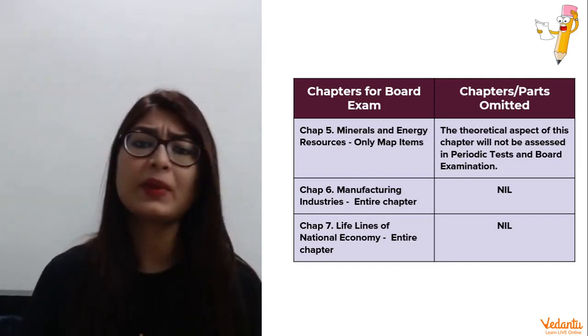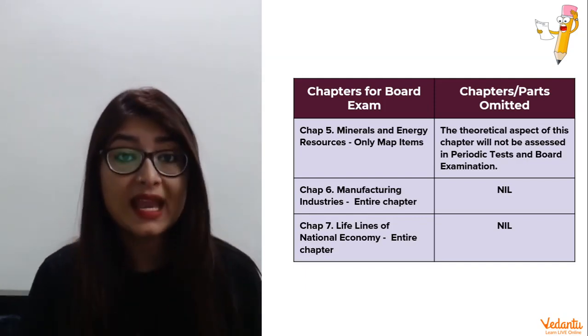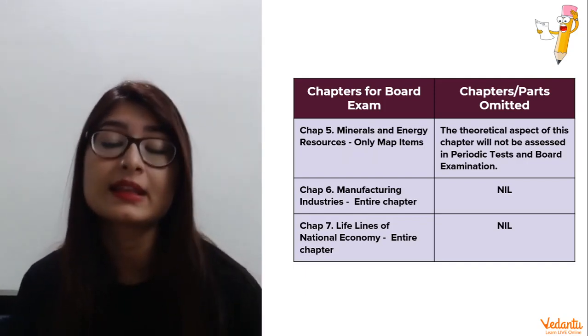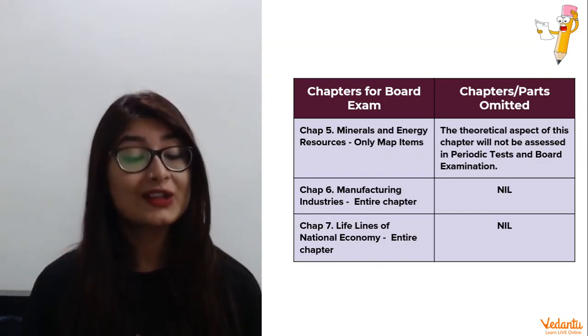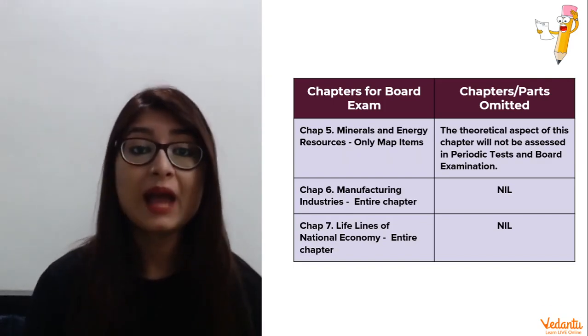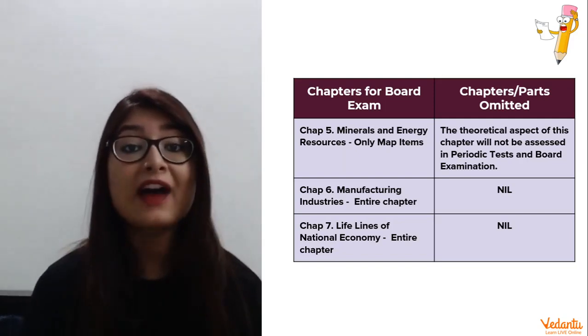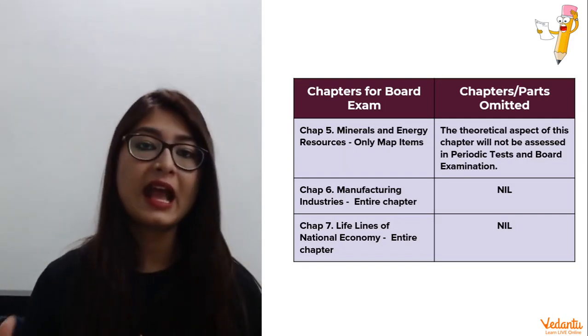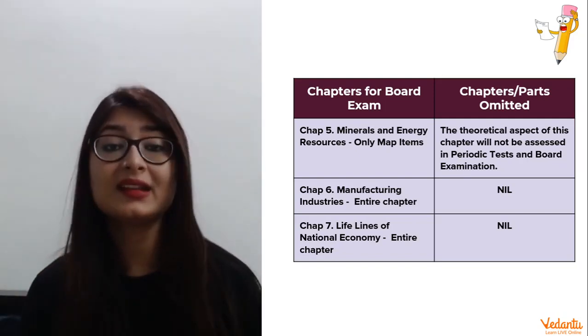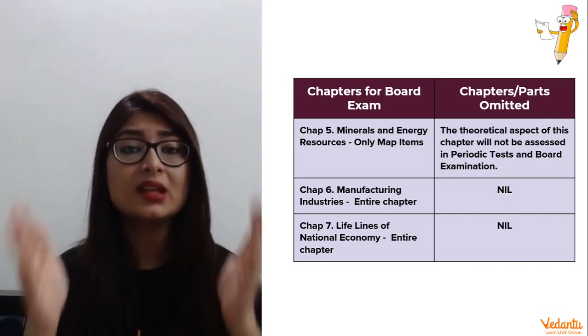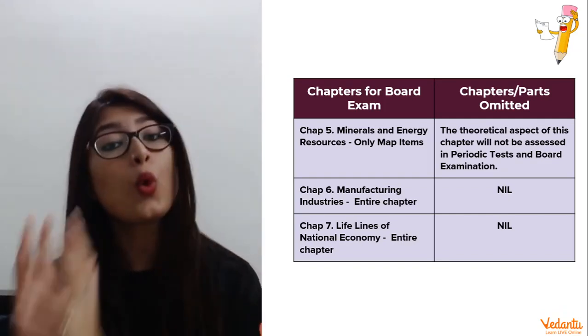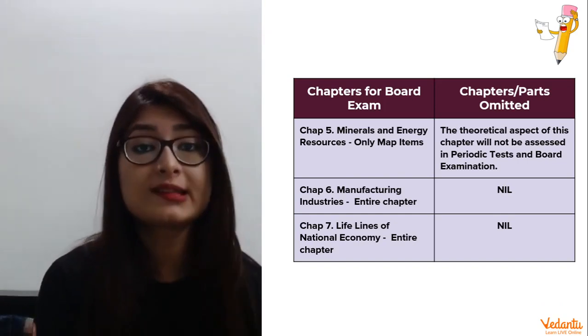We do not have to prepare anything else from this chapter except for the map items. Also, don't worry, we'll be discussing under maps what all the things are that we have to prepare. Everything has been clearly stated for you. We have an explicit syllabus that tells us what to study and what not to study.